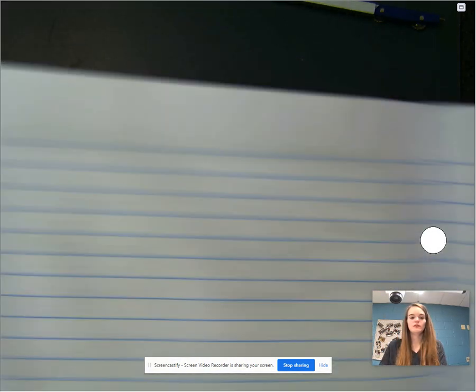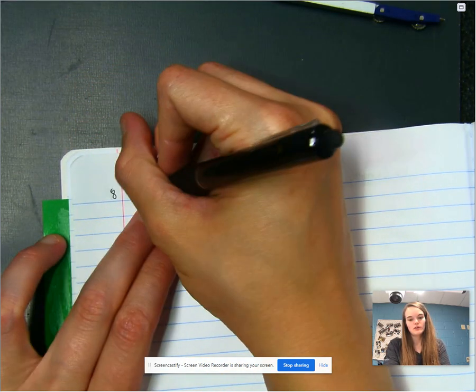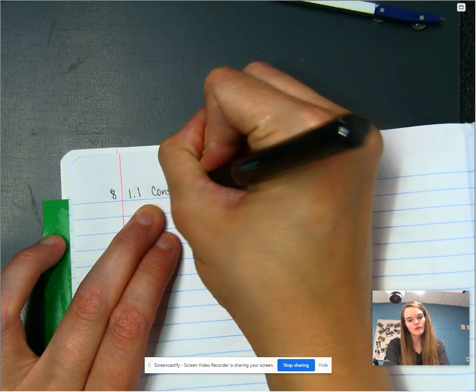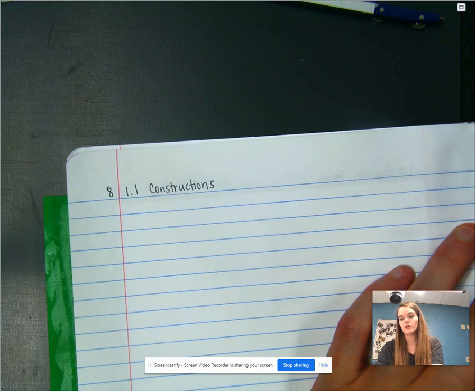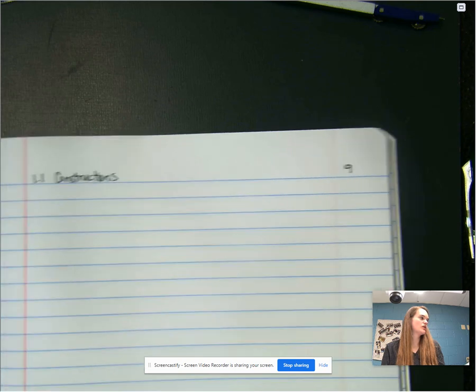So page 8 is 1.1 constructions. And page 9 is also 1.1 constructions. And I'll come glue that in later. So they're both 1.1 constructions. Okay.